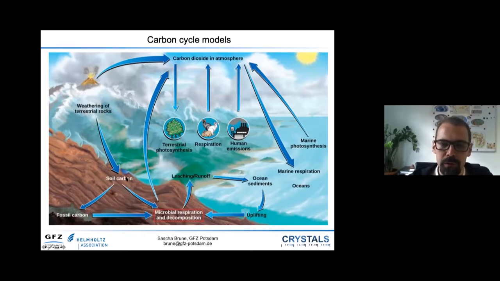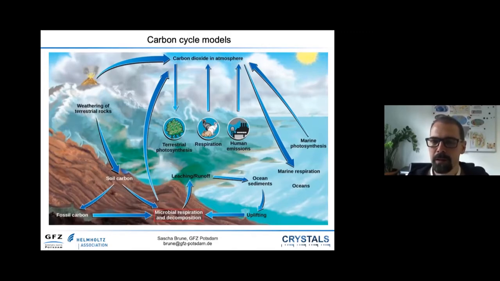But if you go deeper in time, if you look at it not at the short-term time scale, and there are many short-term time scales in there, but from the geological time scale, then many of these arrows are actually acting so quickly that you can simplify things again, which is a good thing.